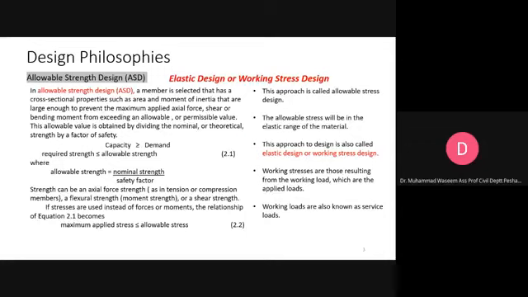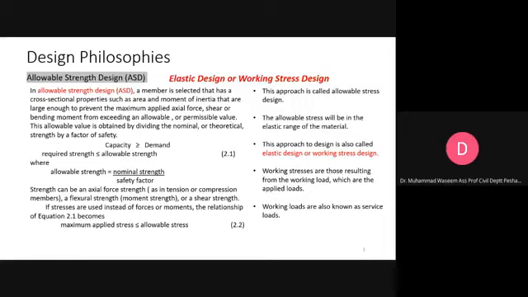The allowable strength design procedure is also known as elastic design, or working stress design. In ASD, the cross-sectional dimensions of the members are selected so large that the effects of the loads, or the stresses produced in any member, remain within the permissible limit.